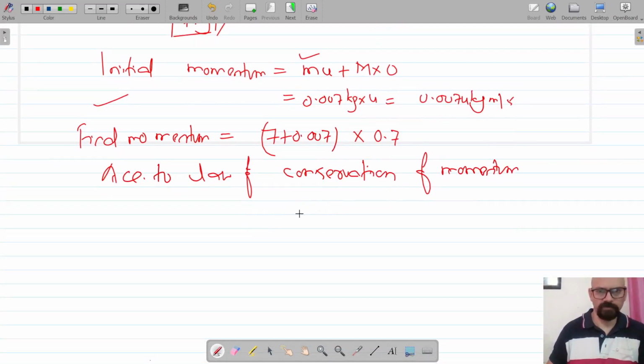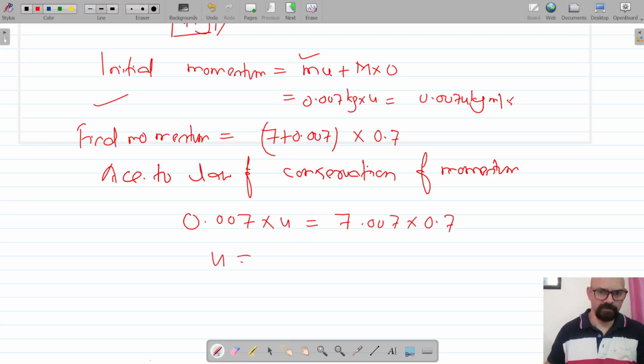So 0.007 into u should be equal to 7.007 into 0.7, and we have to find the initial velocity of the bullet.